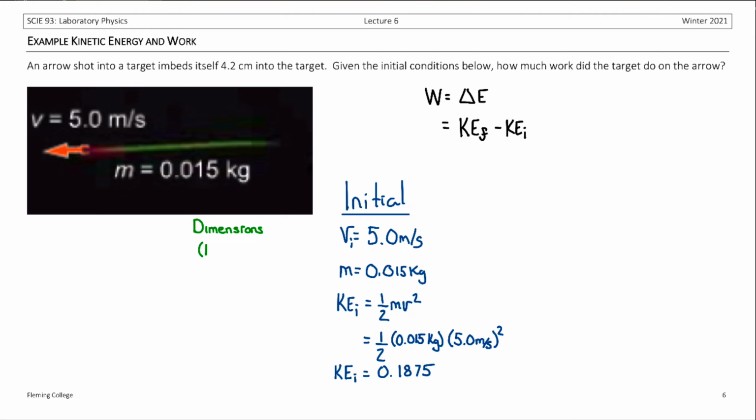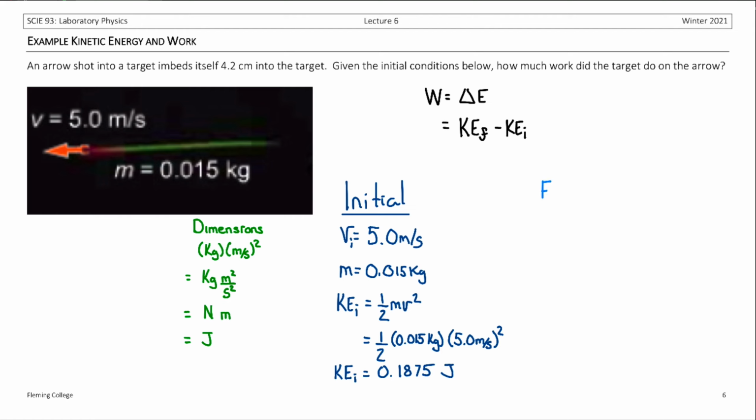So we have units of kilograms and meters per second that get squared, which leaves us with weird units of kilograms meters squared per second squared. Recall that a kilogram times a meter per second squared is a newton, which leaves us with newtons and meters, which is our units of joules. So we have the correct units for our energy.